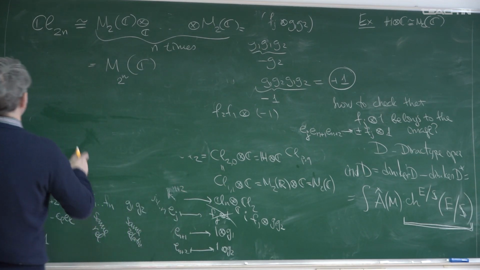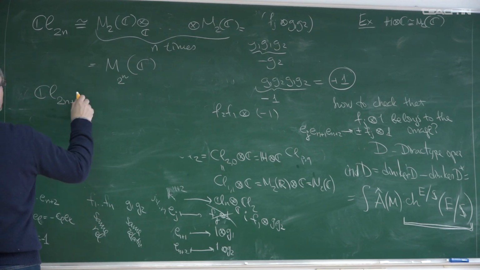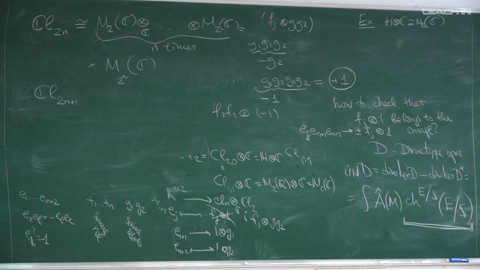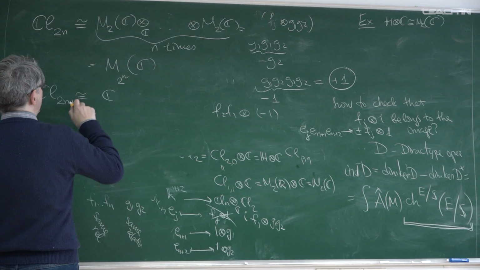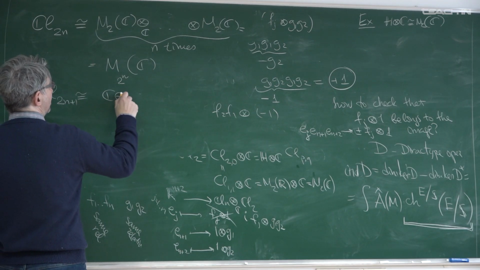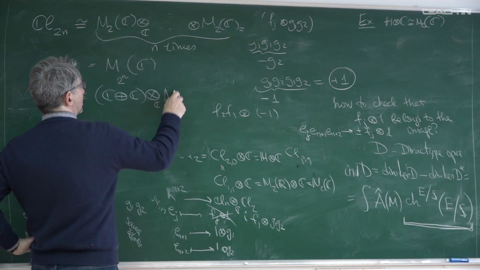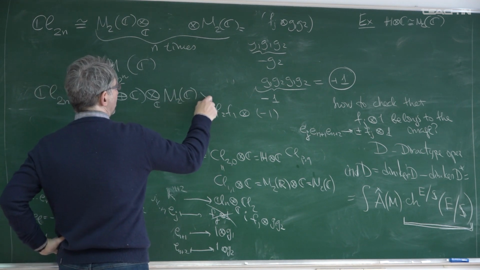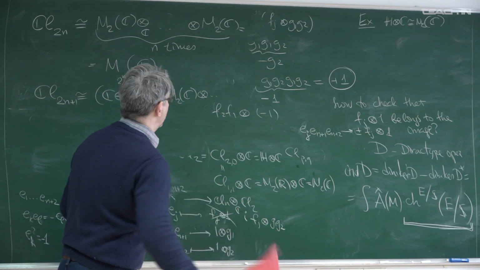Okay, next question. What can we say about Clifford of such type? Very simple. If you take Clifford 1, it's just C plus C. And then you take tensor products with algebras of matrices. My question to you is how many times?